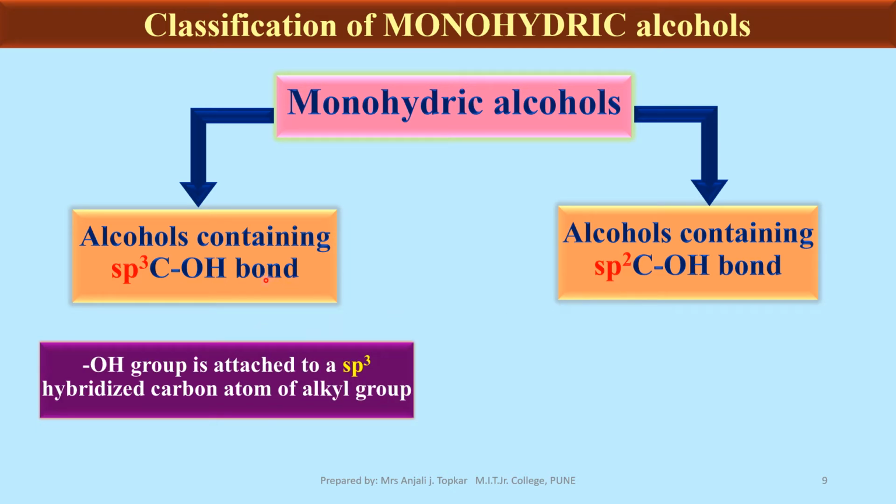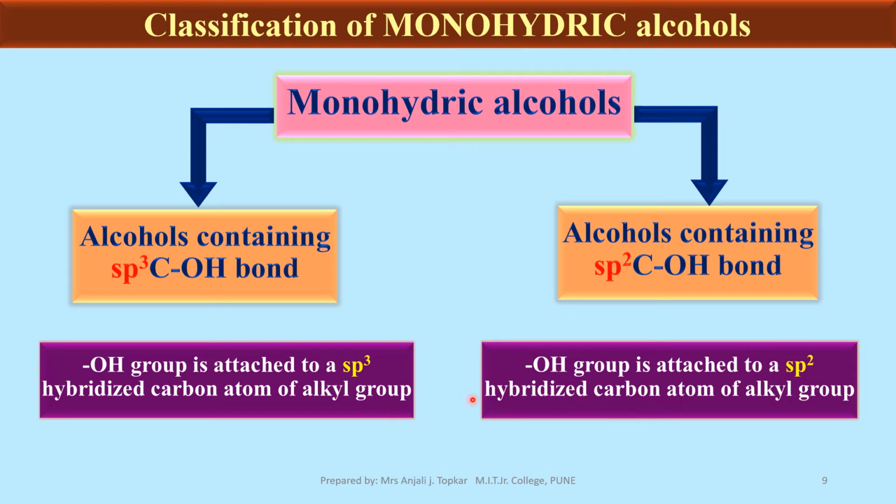As we can see here, in this monohydric alcohol, the OH group is attached to an sp3 hybridized carbon atom of alkyl group. Whereas in the second case, the OH group is attached to an sp2 hybridized carbon atom.